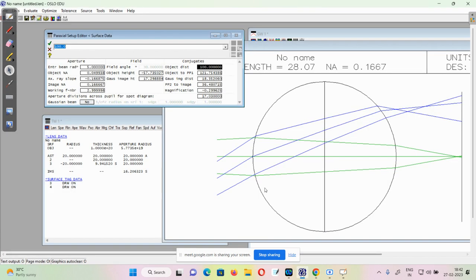Before I change it, just give a guess whether it will change or not. I think it will not change, sir. Object to PP1. Now I'm just going to change it to 200. Yes, sir.